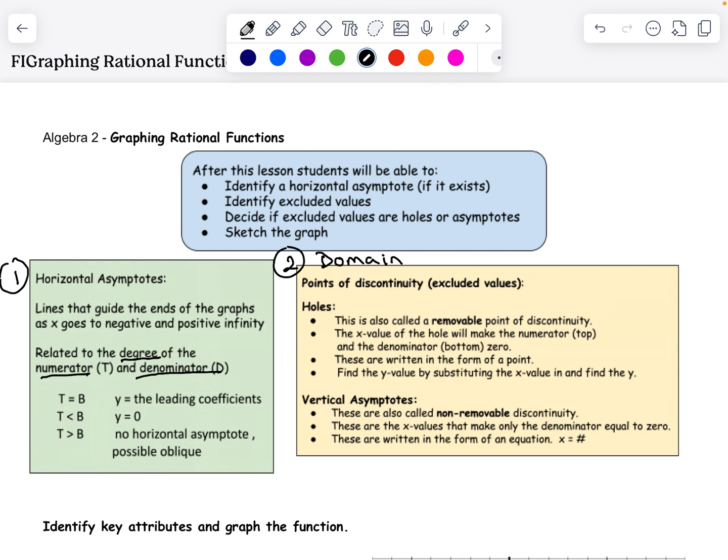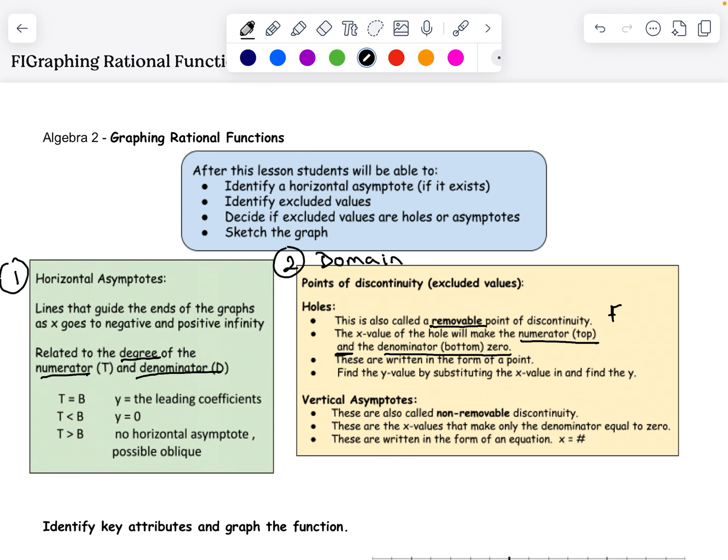In the domain, we're going to be trying to find those excluded values. And in the domain, we are going to be talking about our holes and our vertical asymptotes. Holes are going to be removable, and they make the numerator and the denominator equal to 0. So that means a factor is found in the top and the bottom, right?